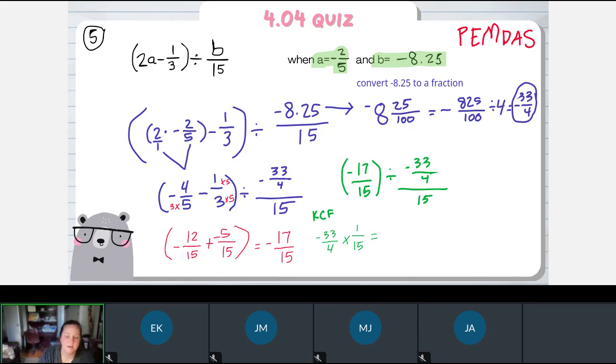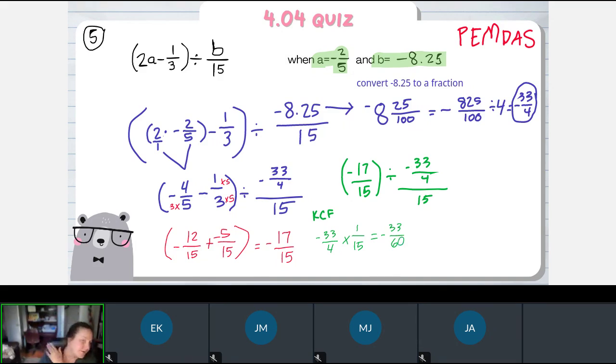And then multiply that out. We have a negative times a positive, which is a negative. 33 times 1 is 33 on the top. And 4 times 15 is 60 on the bottom.